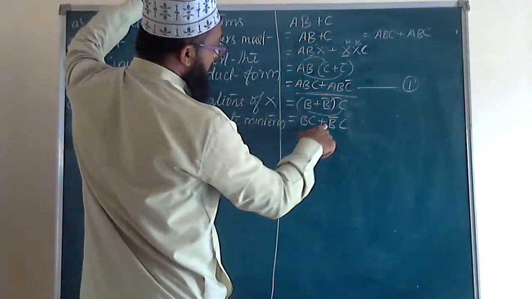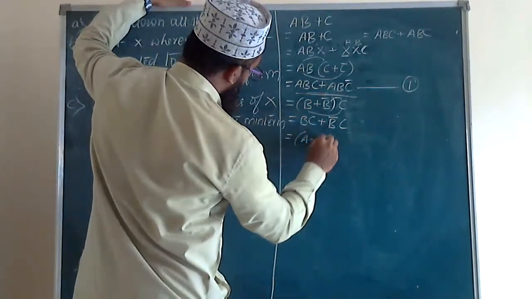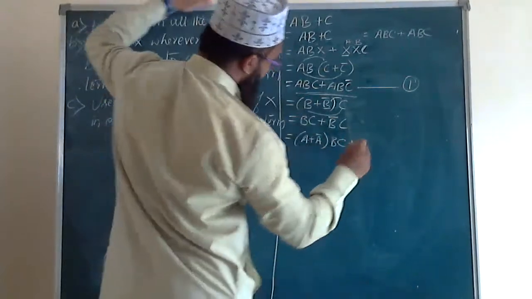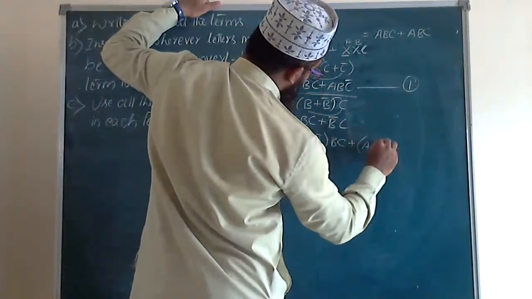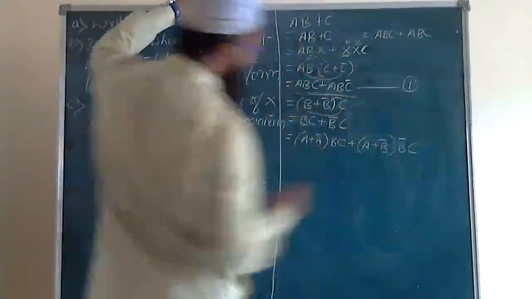So we will do A plus A bar: (A plus A bar) BC plus (A plus A bar) B bar C.